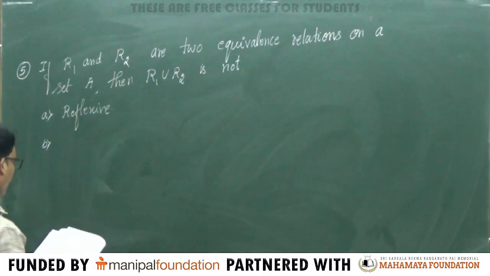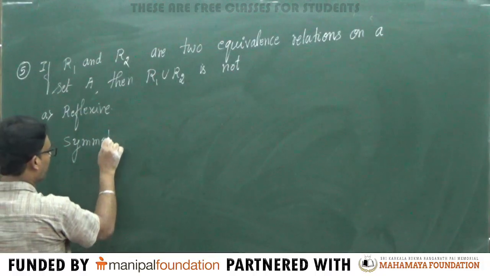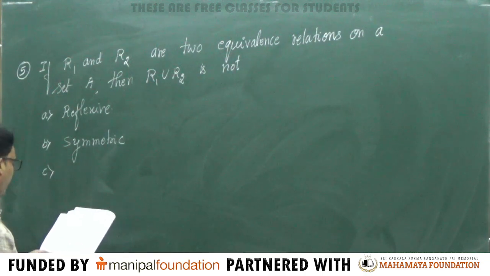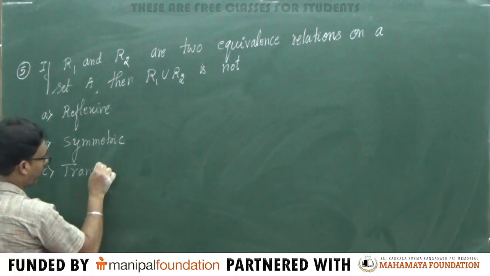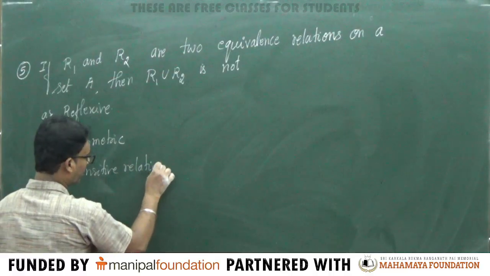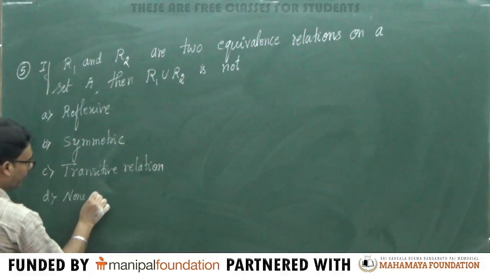Option B, not a symmetric relation. Option C, not a transitive relation. Option D, none of these.